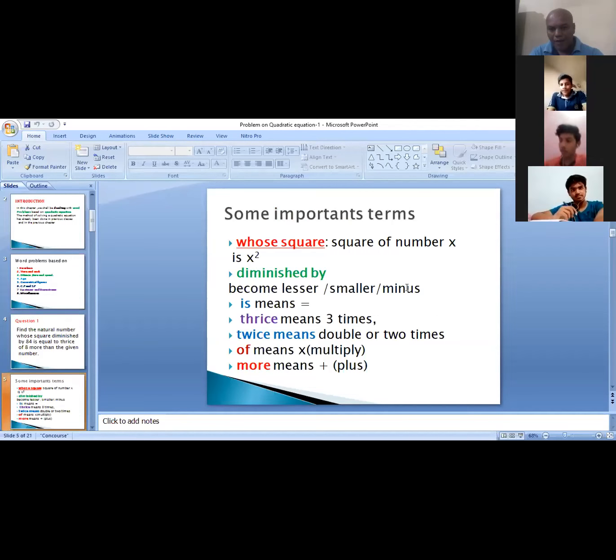Diminished means the number is going to be reduced, lesser, smaller, or minus. Whenever 'is' is given in the question, in symbol we write equal. Thrice means 3 times.